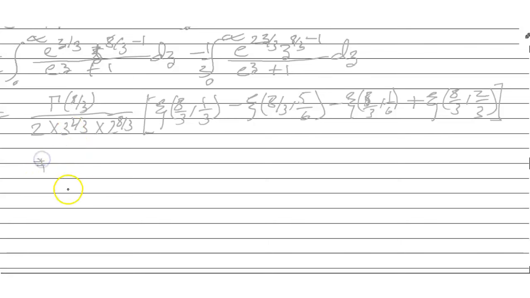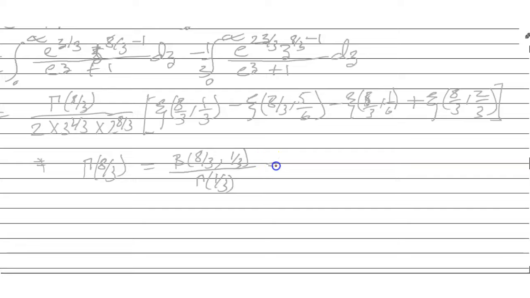You can use pi by gamma 8 by 3 equals beta 8 by 3 divided by gamma 1 by 3, because beta 8 by 3 equals gamma 8 by 3 times gamma 1, so it is gamma 1 by 3.